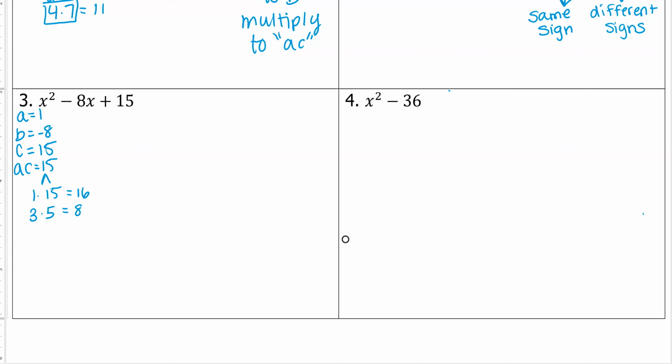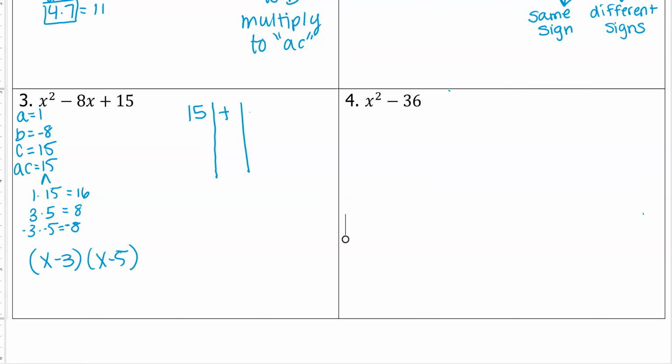So what I could do, if you remember your rules of multiplication, a negative times a negative is also a positive 15. And when I add them, I'll get -8. So therefore, I'll have x minus 3, x minus 5. If you're able to remember that or use that, then feel free. If not, let's go ahead and use the chart. Either way, as long as you get the right answer.